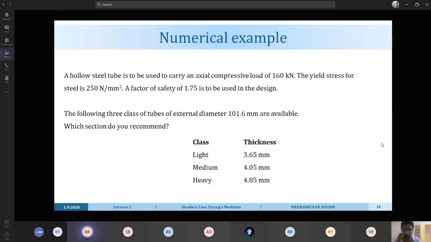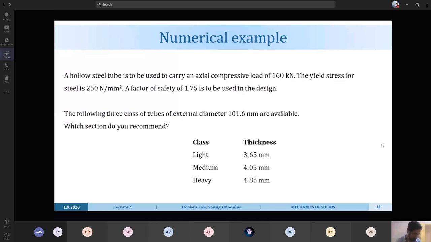So we have taken 142 by 160. The working stress is coming as 142.85, and you have to mention the units also. So it is Newton per millimeter square. The area will be the load by the stress, and the load is 160 kilonewton.